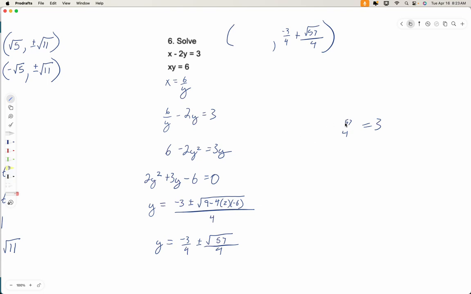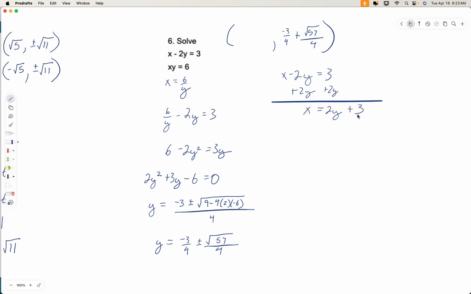More succinctly, at least, so I don't have to deal with all this back and forth. x minus 2y is equal to 3. Add 2y to both sides. Prep the problem. That's one of the things that we are not great at, is looking at the problem and saying, okay, what format do I need to put it in before I solve it? Because then that will make my life easier.